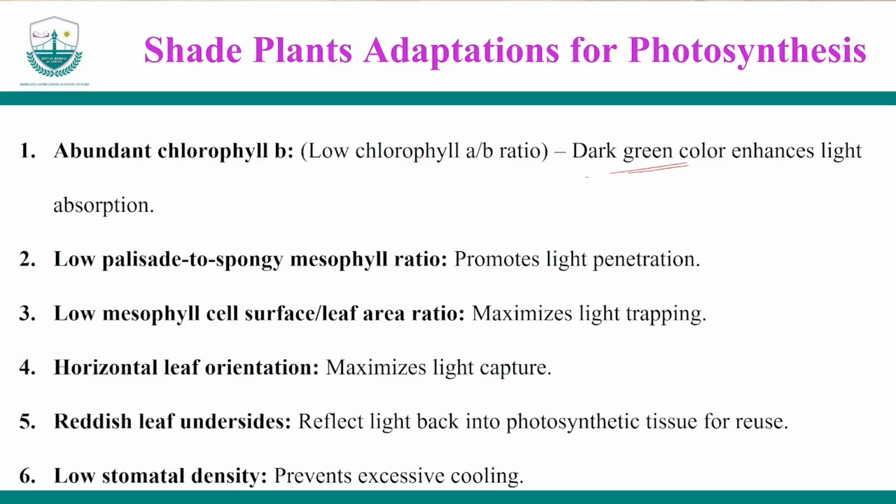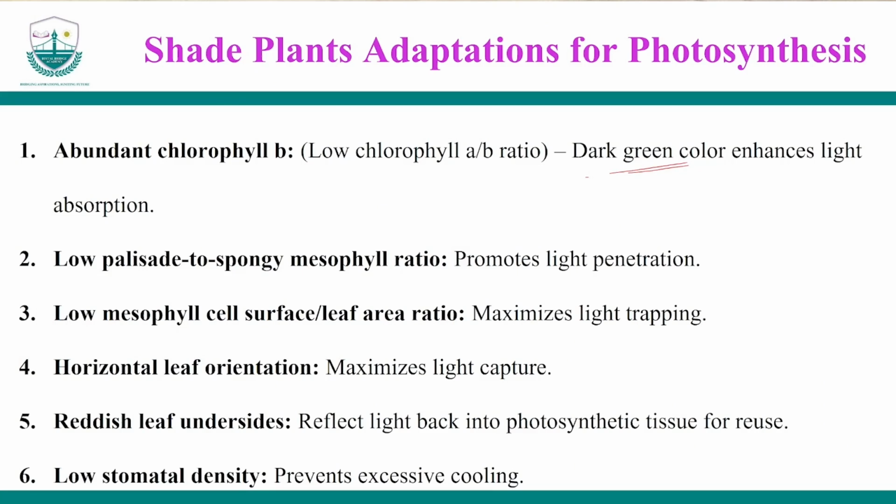If they're closely packed, then you're preventing light from going into the sponge mesophyll cells. So if you have a low palisade to sponge mesophyll ratio in terms of cells, you are going to get more light reaching where you need it.